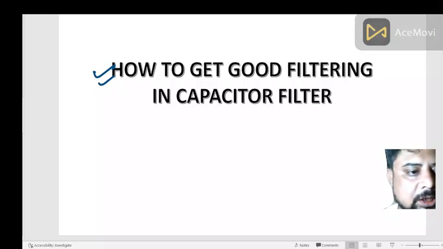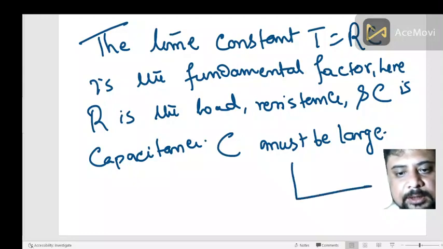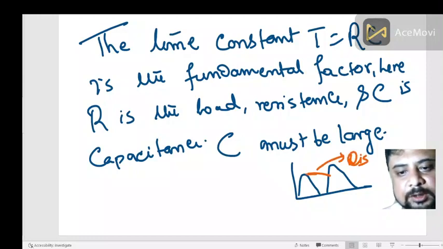From the physics of filtering and the physics of capacitors, what we learned is that the time constant is the most fundamental factor in the filtering process in a capacitor filter. The time constant RC must be large enough so that in between the peaks, the capacitor is not discharged totally. I told you in the last lecture that if these are the two peaks, in between these peaks the capacitor is discharging in this manner.